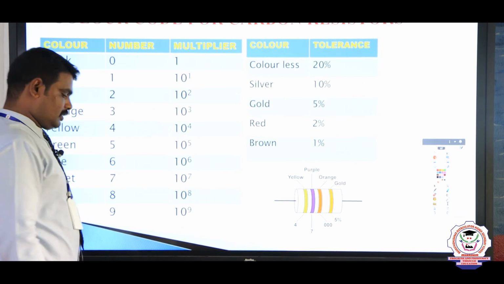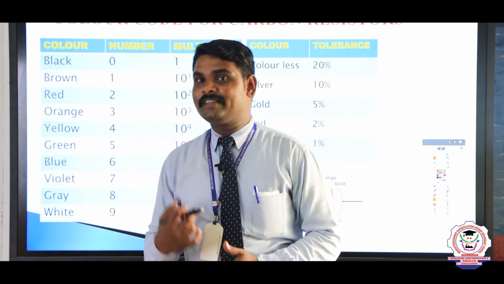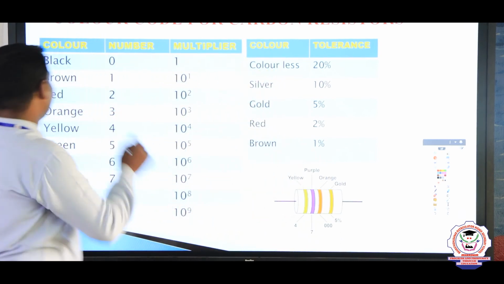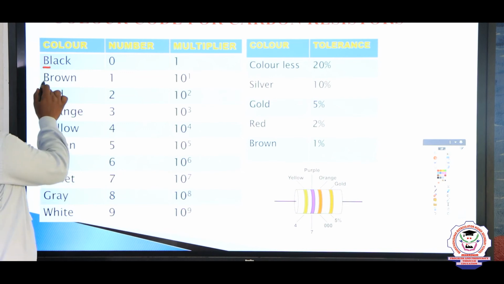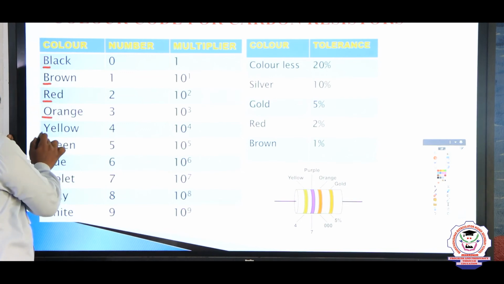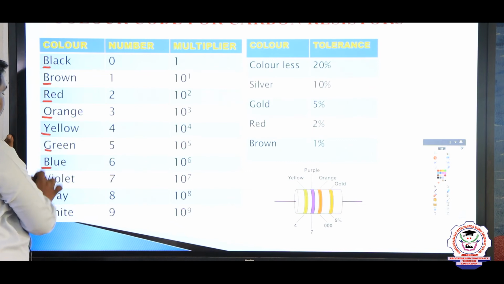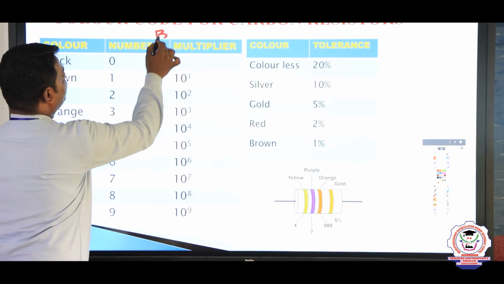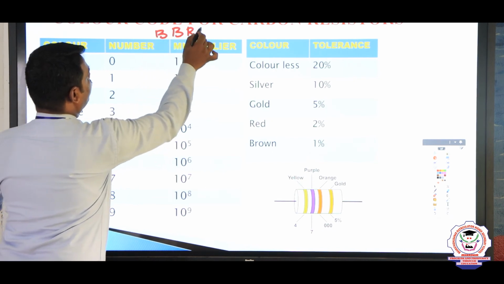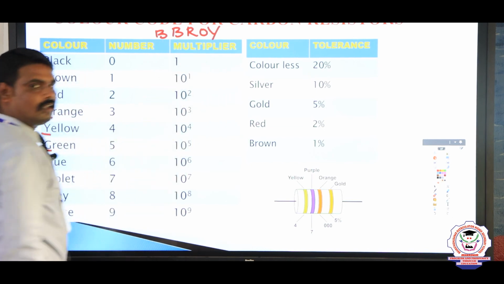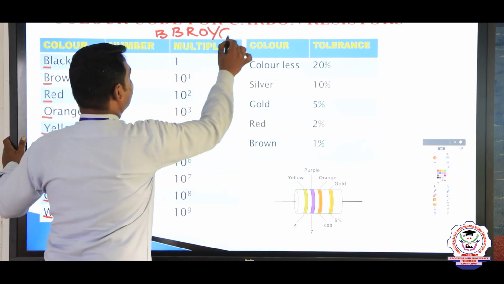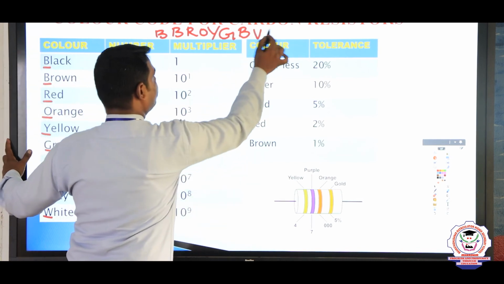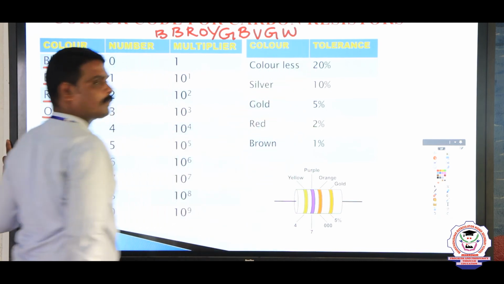These colors we can memorize by an easy method, which is called a mnemonic, right? The first letters are B, B, R, O, Y, G, B, V, G, W. So: B B Roy of Great Britain had a Very Good Wife.